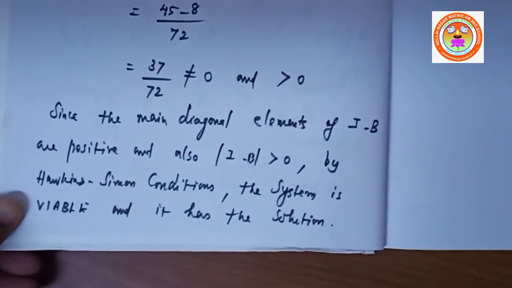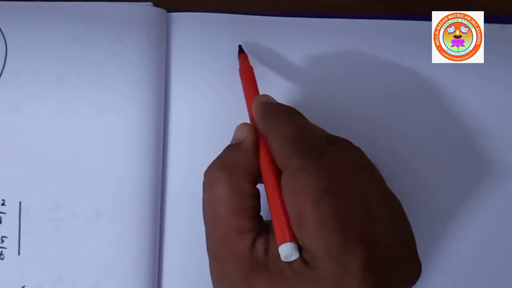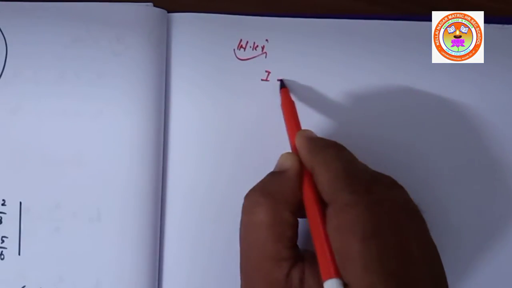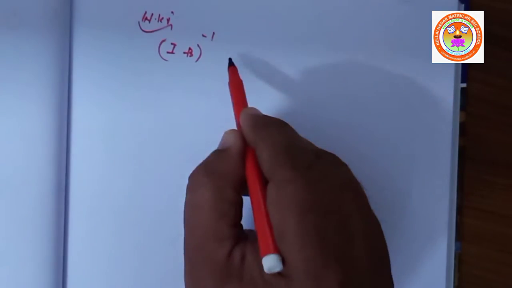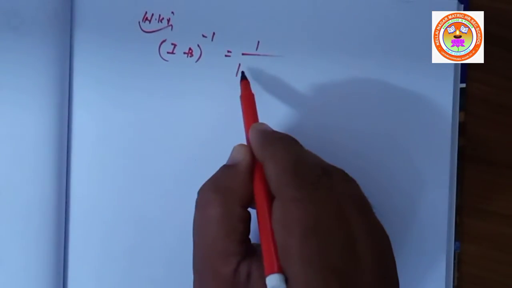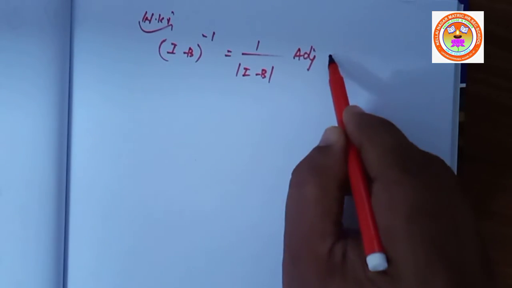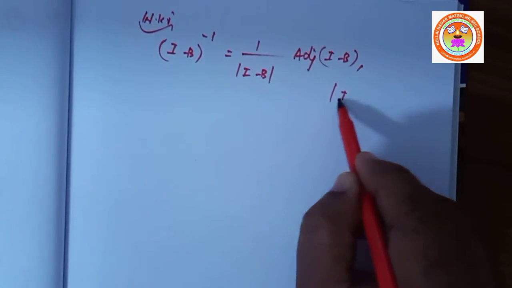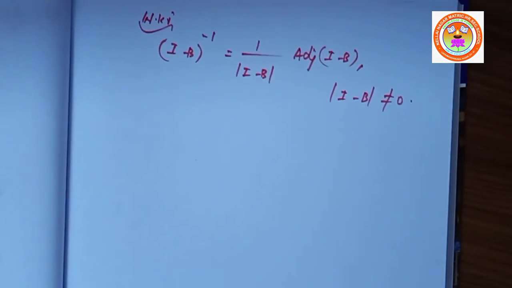To find the solution, you write the formula for I minus B inverse. Yes, we know that I minus B, the whole inverse, is equal to 1 by determinant of I minus B into adjoint of I minus B. The condition is determinant of I minus B is not equal to 0.